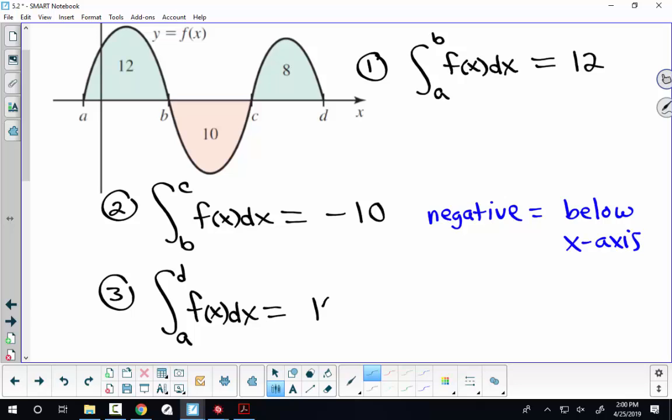Remember, that's the area above the axis minus the area below. Do you have any questions about that? Some kind of visual reinforcement of the symbols.